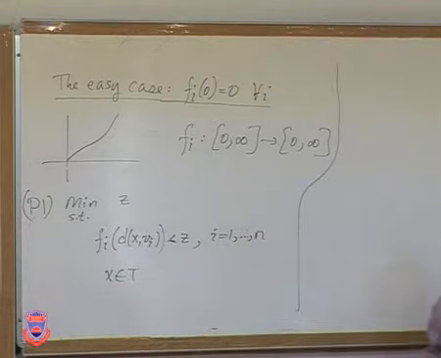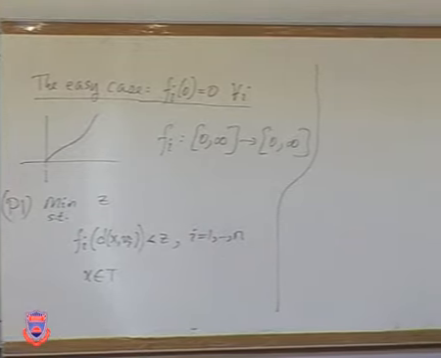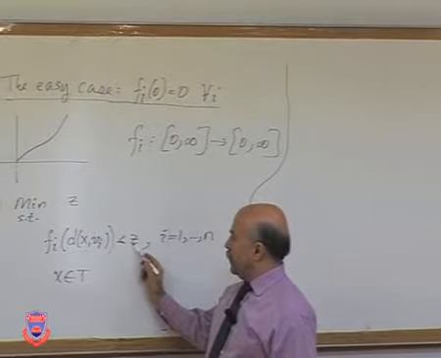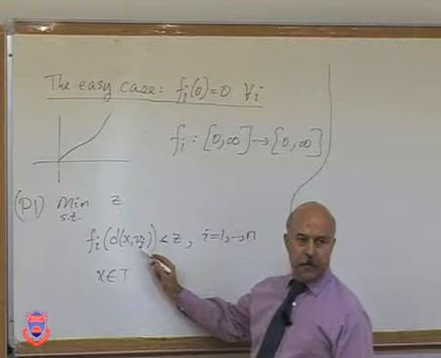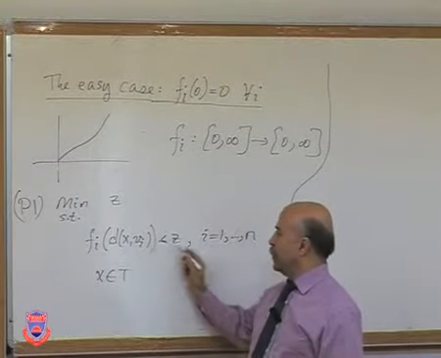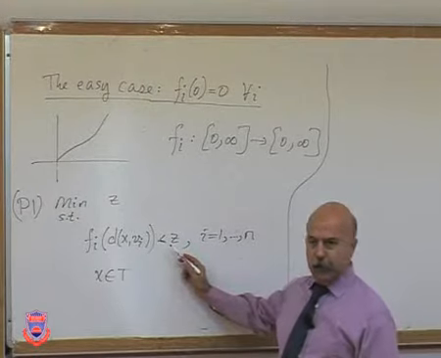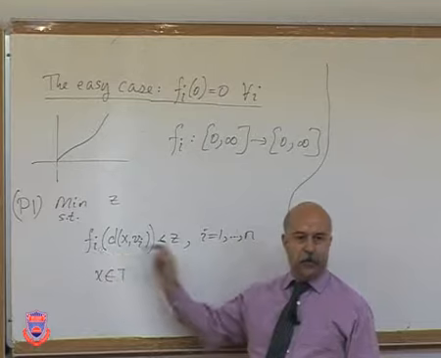Now, my second half of the board. When you look at this, what I want to do is isolate the distance on the left, and have whatever I want on the right. I'm going to do that by applying the inverse function of fi to both sides.